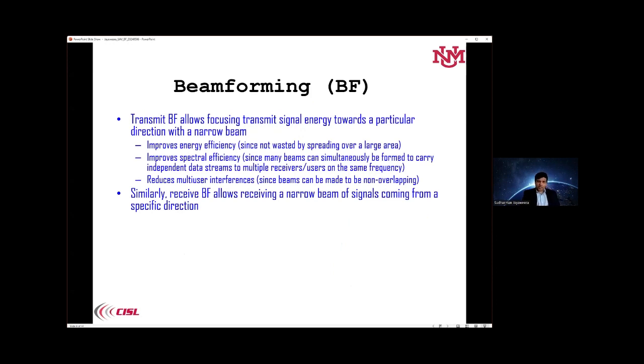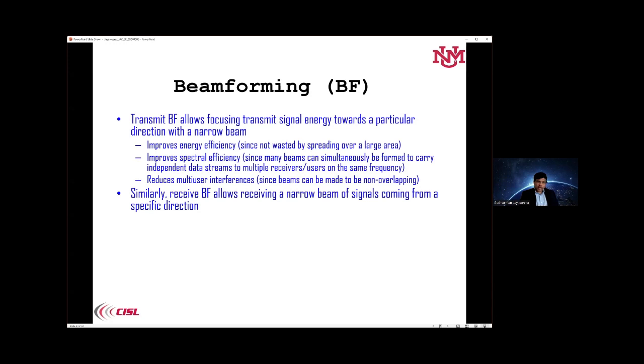Now, beamforming essentially allows you to transmit or receive in a particular direction. That is, if you have an antenna array, just like you can estimate the direction in which the signal is arriving at the antenna array, now you can point the transmission beam into a certain direction.